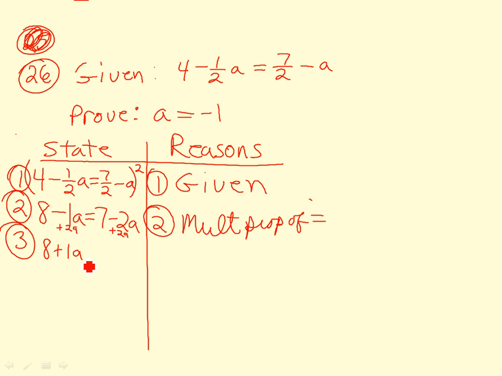Then what? Equals 7. What allowed us to do that? Addition property of equality. Now what?